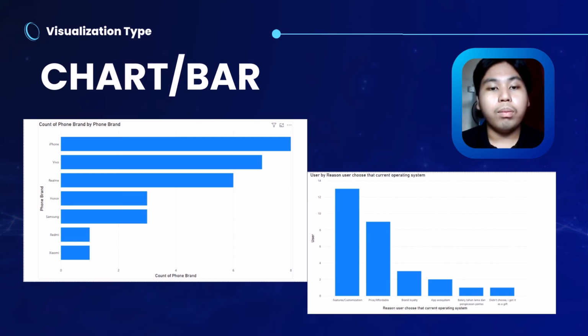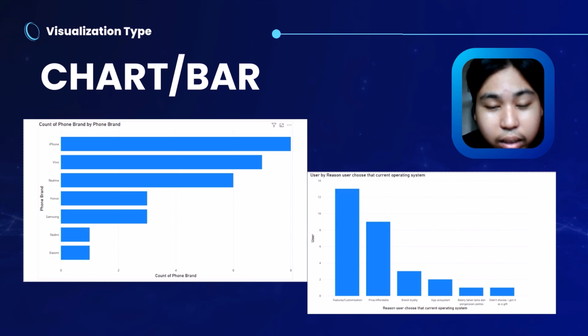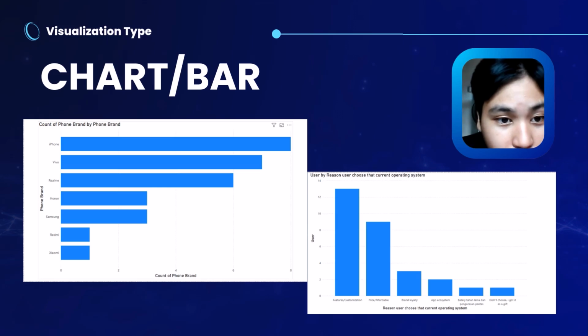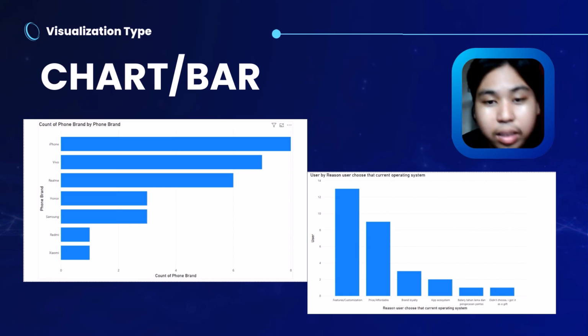For the bar, we have the count of phone brand by phone brand, based on the phone brands people use most. The highest data that we accepted is firstly iPhone, followed by Vivo, Realme, Oppo, Samsung, Redmi, and others.